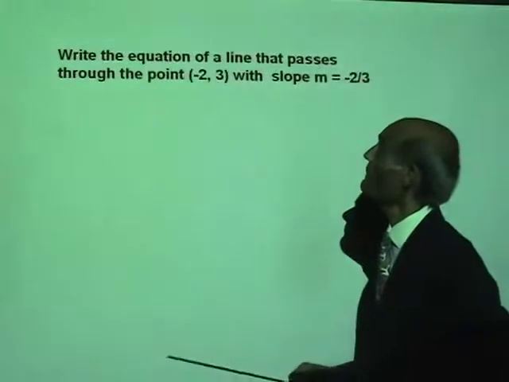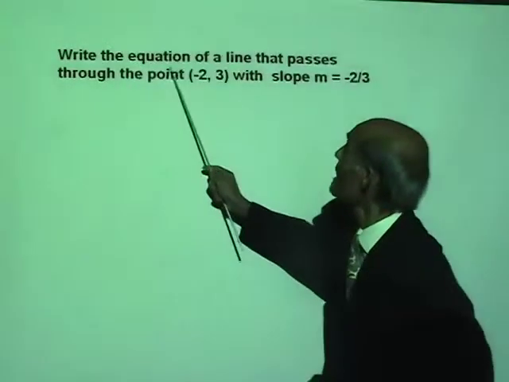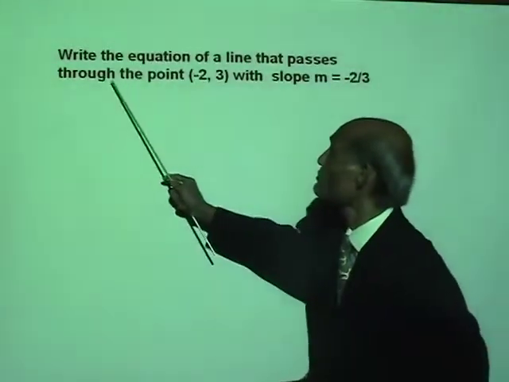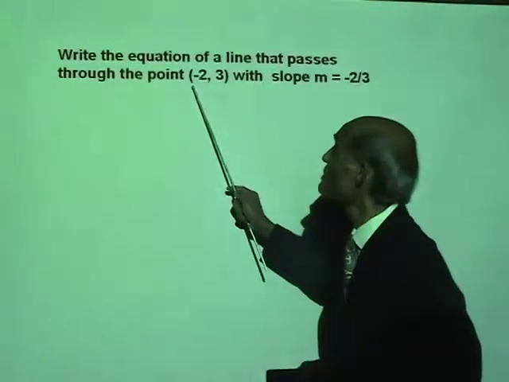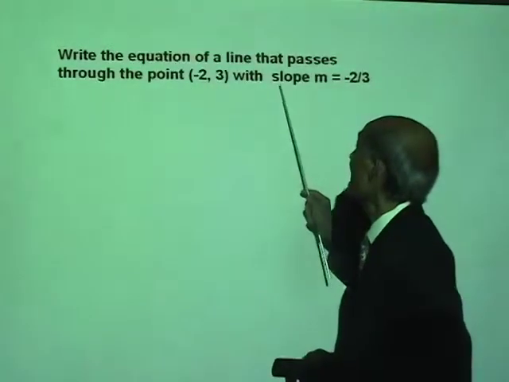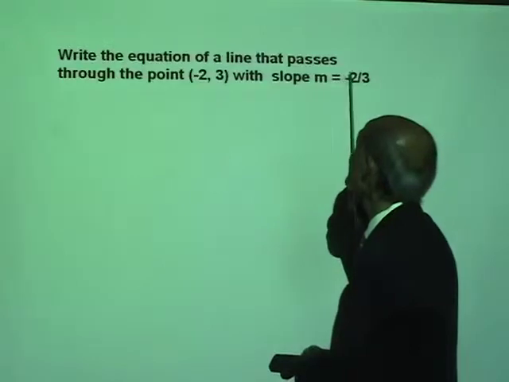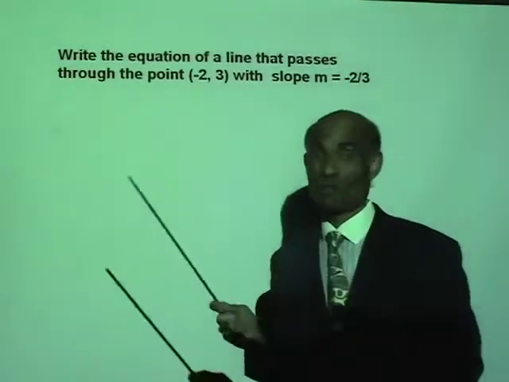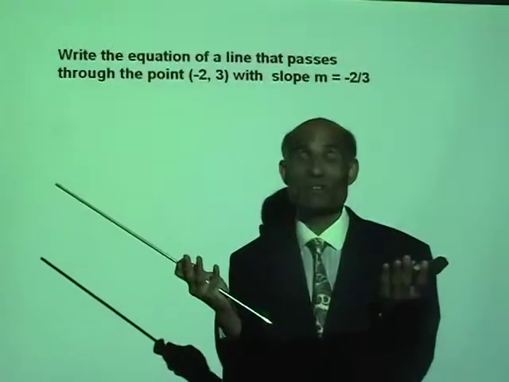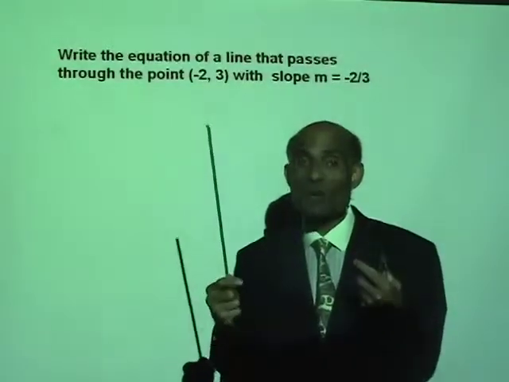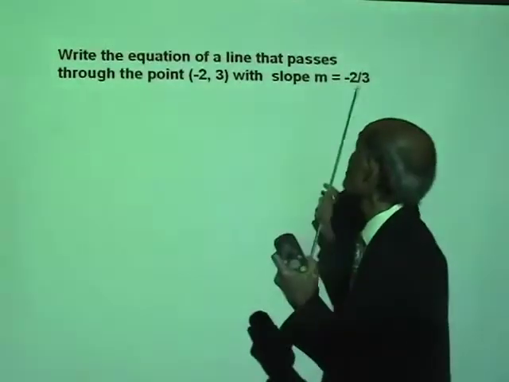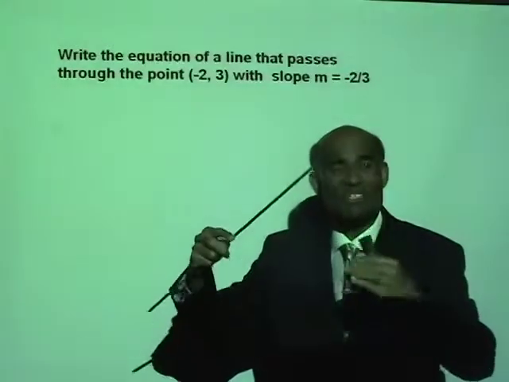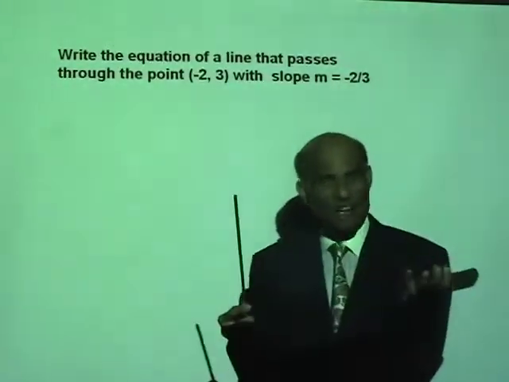Let's do another one. Write the equation of a line that passes through the point -2, 3 and having a slope m equal to -2/3. The same situation. Now, this is a little more difficult because the slope is given as a rational number, as a fraction.